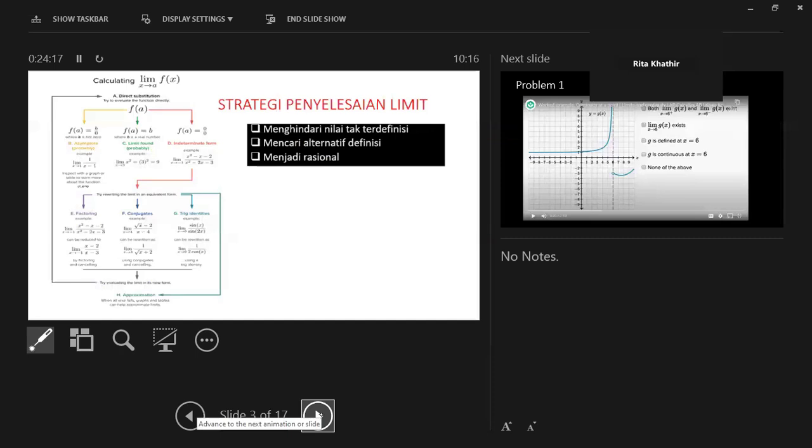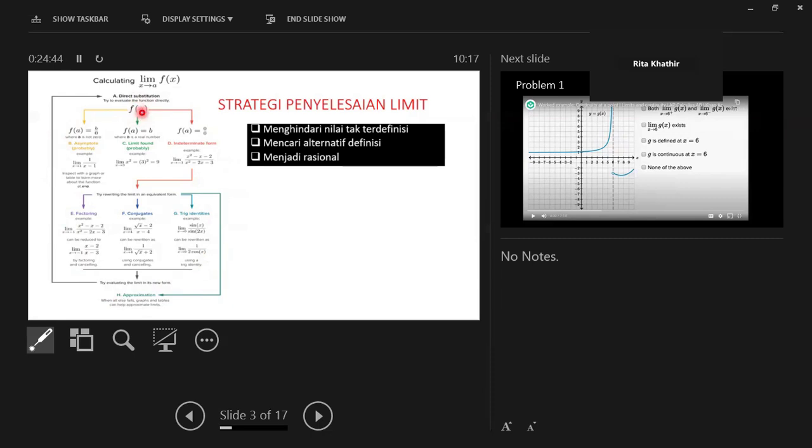Okay. Now we see the strategy to solve limit problems. Here I have the diagram, so we can learn from this. Let's say we have the function f of a, meaning a is the value we substitute into the function.